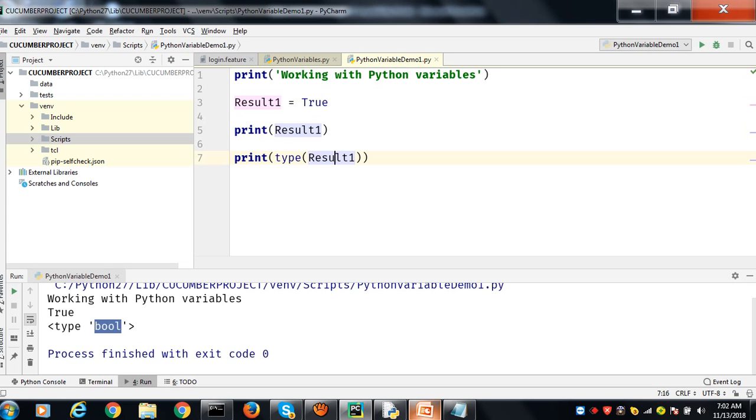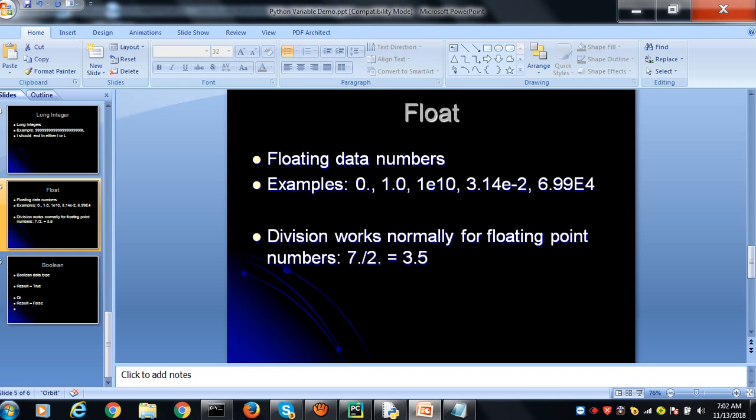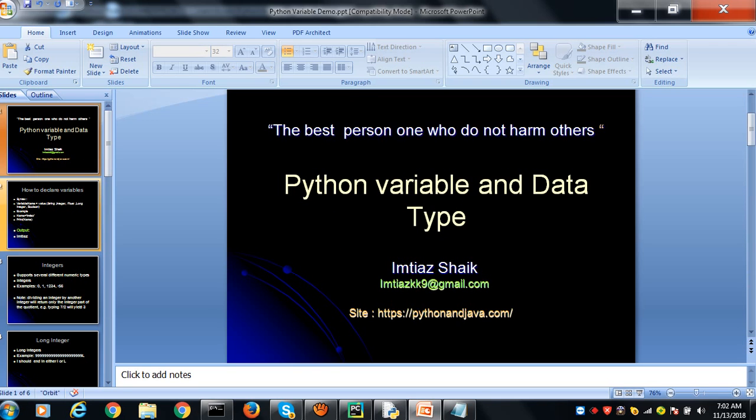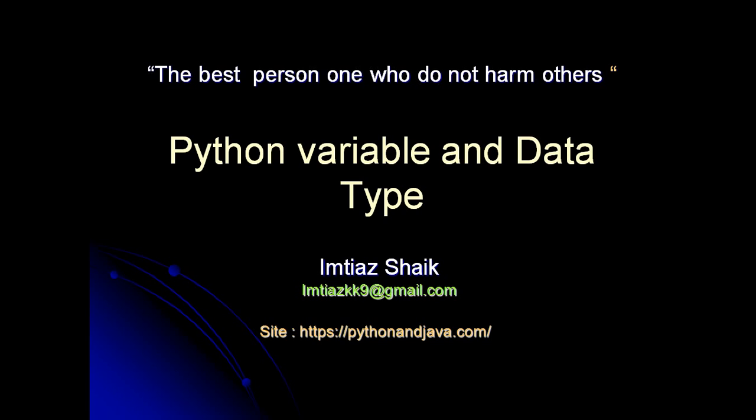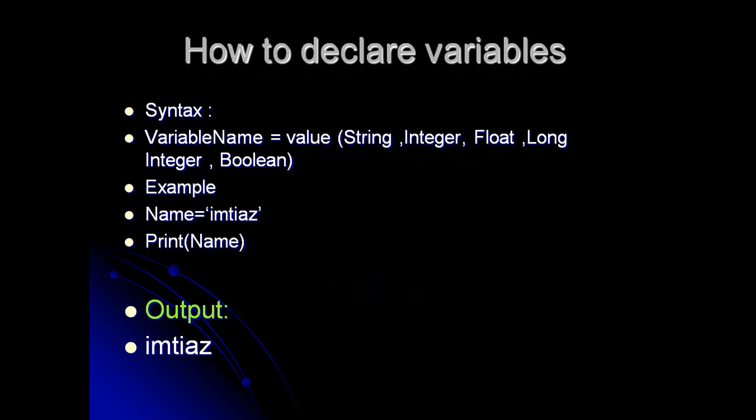So we saw how to declare variables. The syntax is the variable name and the value. You can assign any value here, you just take whatever variable name you want and assign the value. As I am working on 2.7, you have to give single quotes.